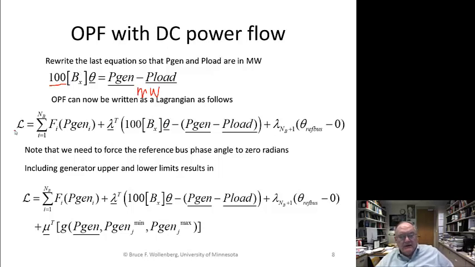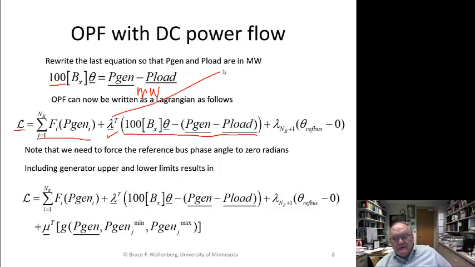So there's my Lagrangian. It's the sum of the operating costs plus lambda transpose. Now that's a vector times every bus in the system. This matrix has the number of buses, so this is a vector that has one lambda for every bus. This is very, very significant.